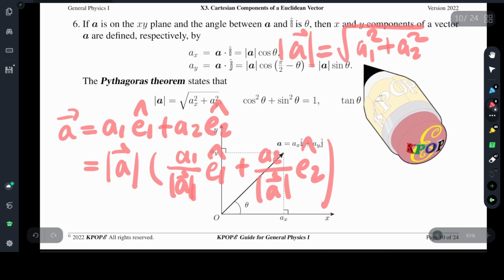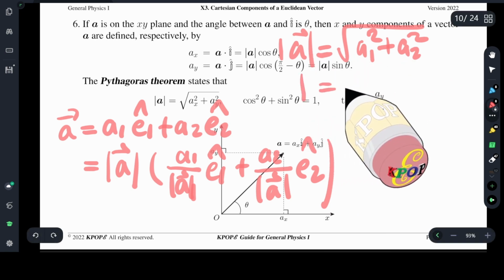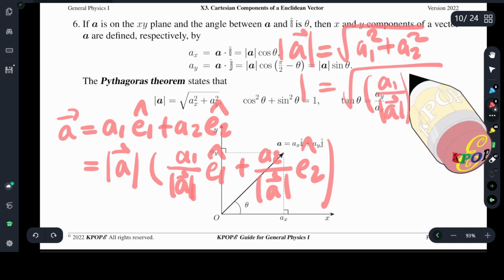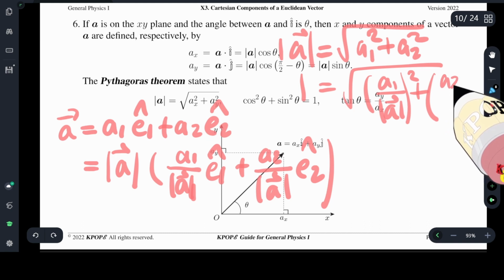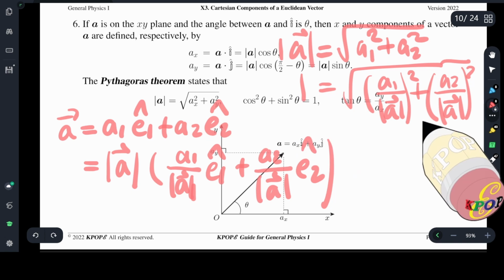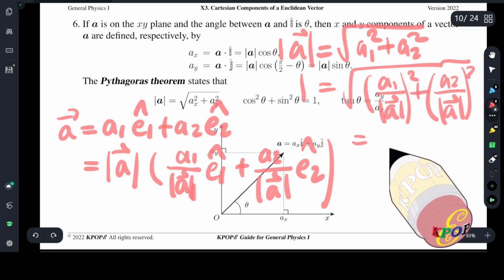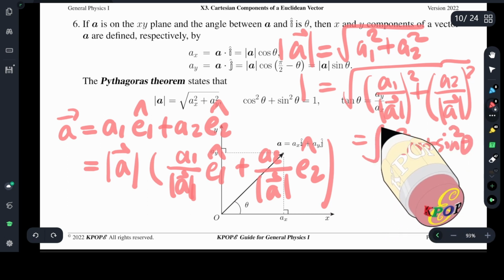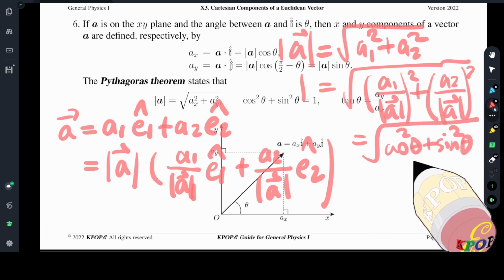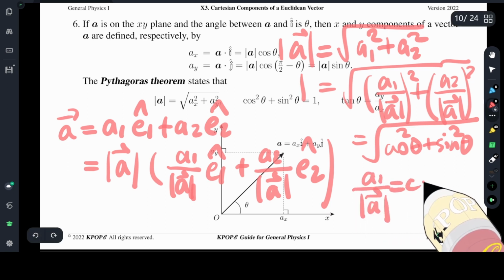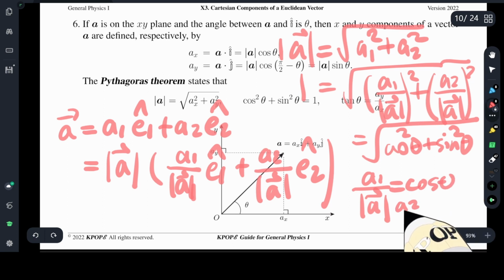We know that the sum of these two, a1 over the magnitude squared plus a2 over the magnitude squared, equals 1. A very simple parameterization can be found as cosine squared theta plus sine squared theta. Right? It's always 1. So a1 over the absolute value of a is cosine, and a2 over the absolute value of a is sine.